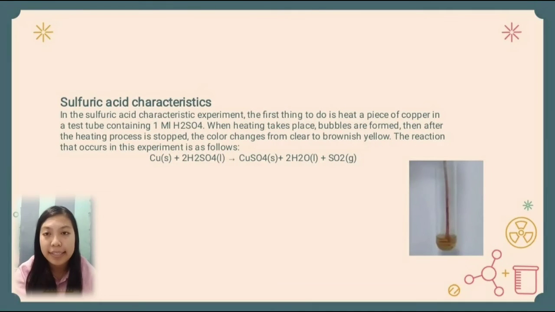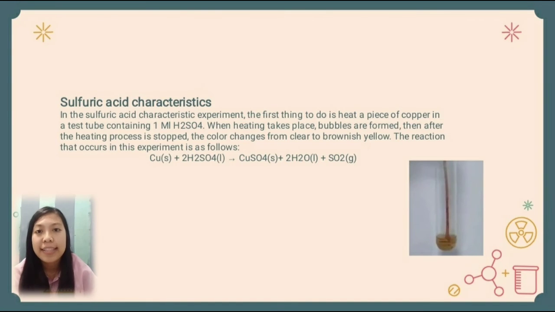Sulfuric acid characteristic. In the sulfuric acid characteristic experiment, the first thing to do is heat a piece of copper in a test tube containing 1 ml H2SO4. When heating takes place, bubbles are formed.